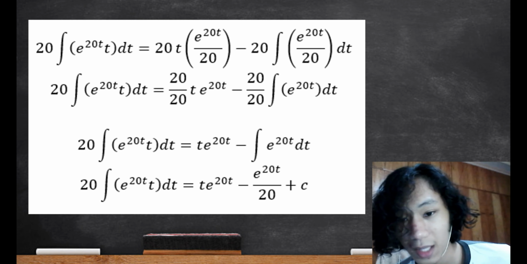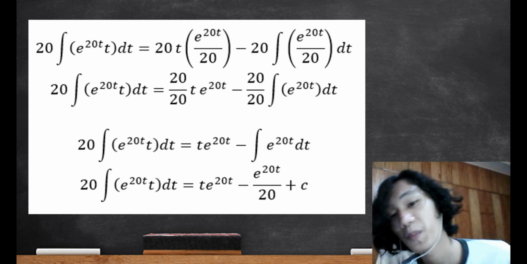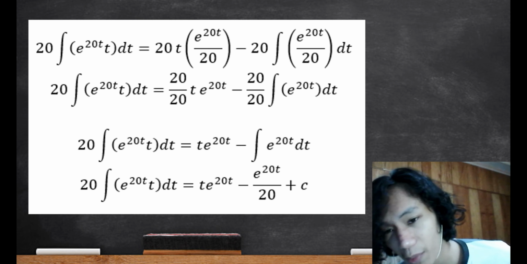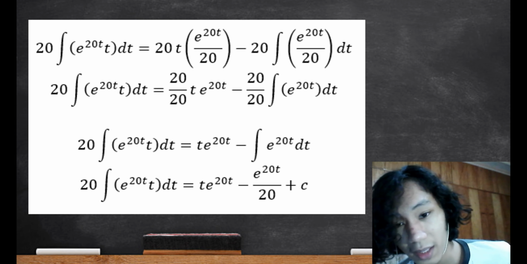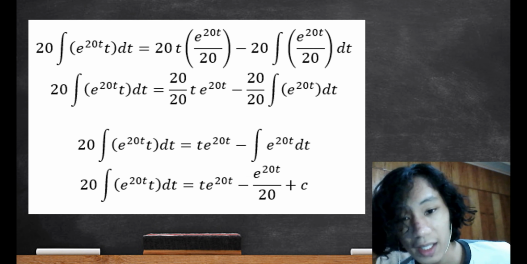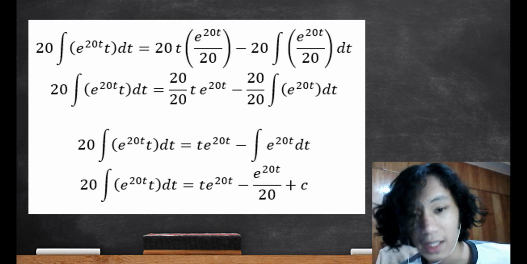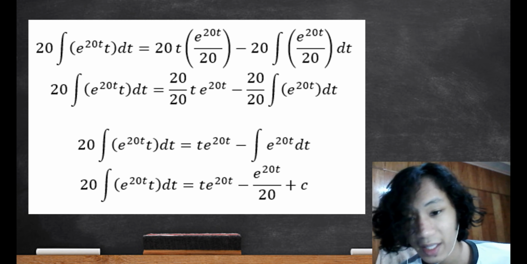Bringing the constants out of the integral, we get 20/20 times t e raised to 20t minus 20/20 times the integral of e raised to 20t dt.